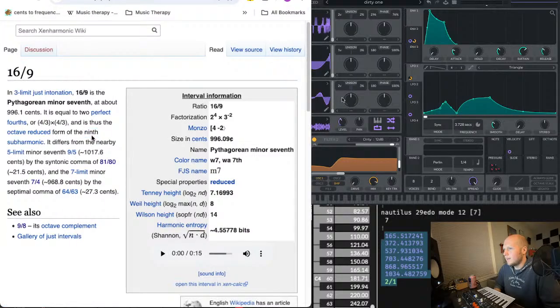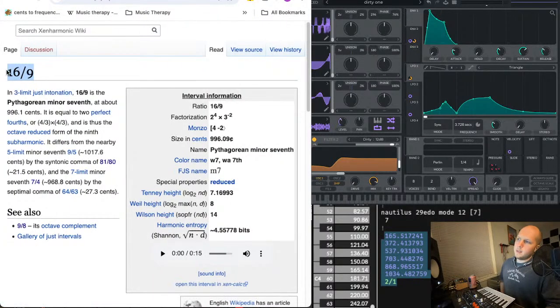So yeah, subharmonics are literally just the mirror image of the JI intervals. So normally just intonation intervals are positive numbers, 1 and above.